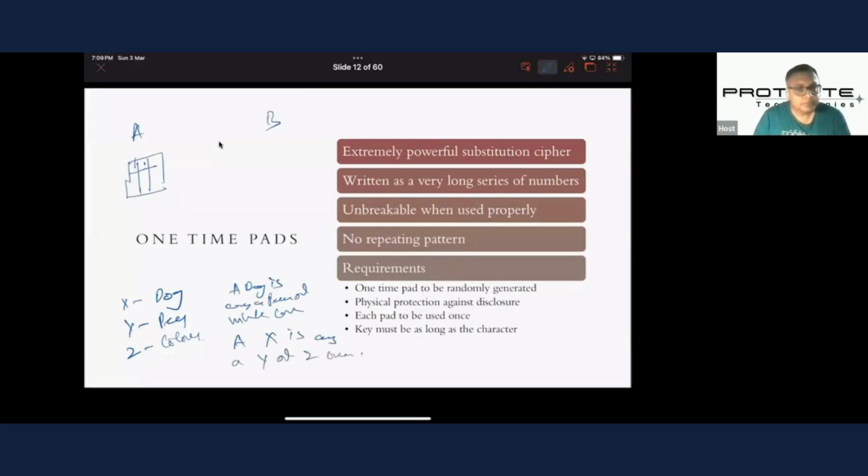Now this is one time I passed you, you got this message. Next time when I'm going to send you a message, I'm not going to use this code.